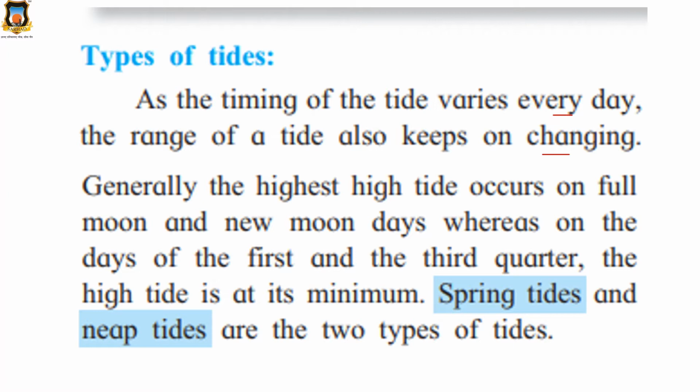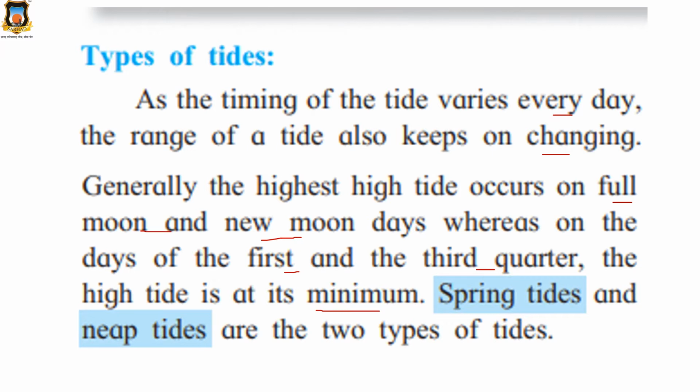Generally, the highest high tides occur on full moon and new moon days. Yes, keep this in mind. Highest means the water level increases a lot. Whereas on the days of the first and third quarter, the high tide is at its minimum and the level of water is very less.